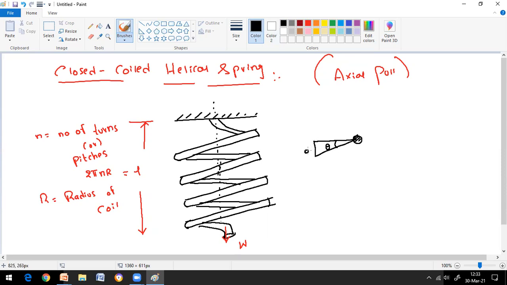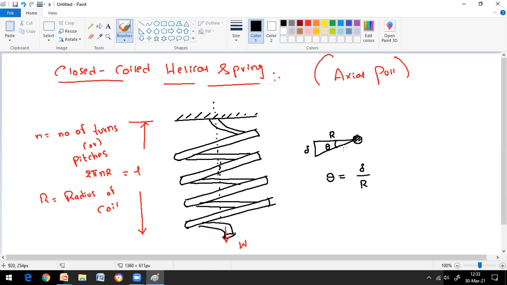You can see the deflection of the spring with respect to radius. Here theta can be defined as delta with respect to r, the changing length with respect to the radius of the wire. I need to understand this clearly. So why is this closed coil helical spring an example of a torsional spring?